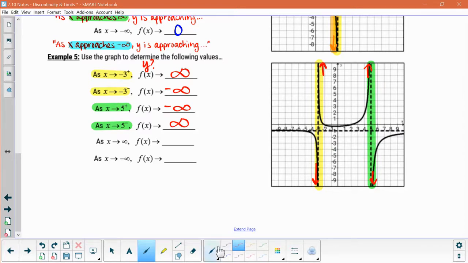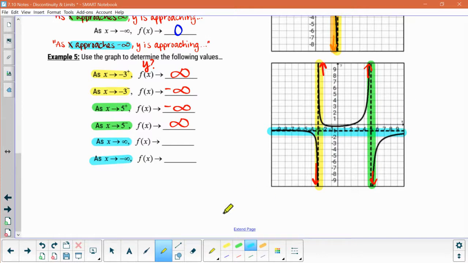Now, the last thing we're going to check is what's happening as x approaches infinity and -infinity. So instead of looking at a vertical asymptote this time, we're really focusing on what's happening at this horizontal asymptote.